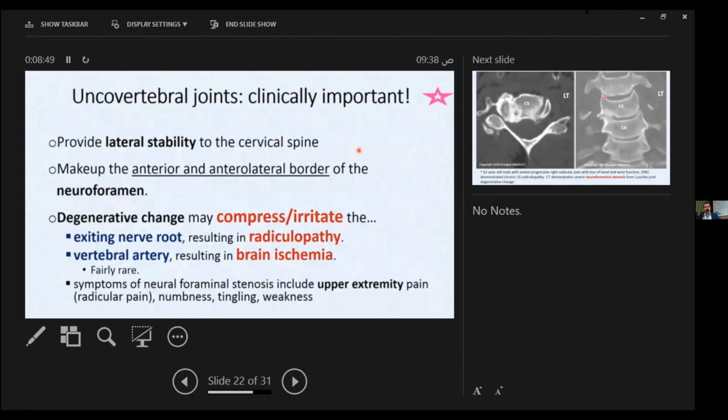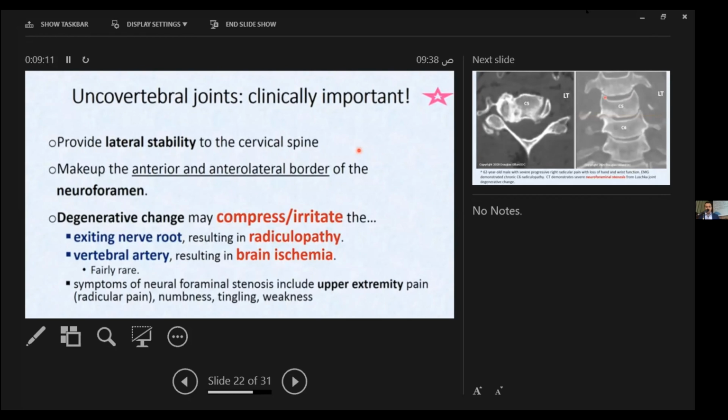This is clinically important because the uncinate process provides lateral stability and makes up the anterior and anterolateral border of the neuroforamen. As we said, when degenerative change occurs, it may compress and irritate the exiting nerve root, resulting in radiculopathy for the patient.